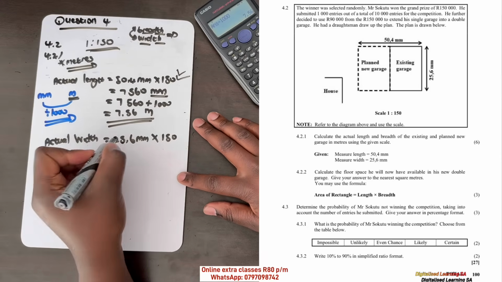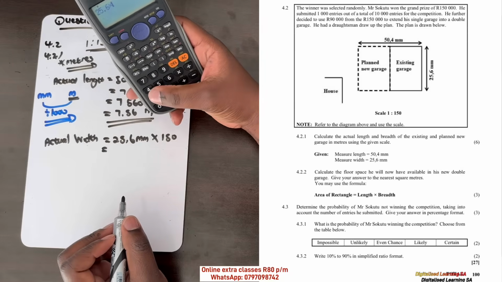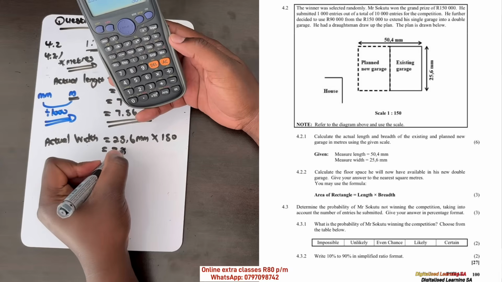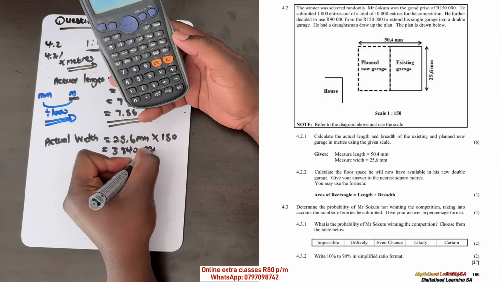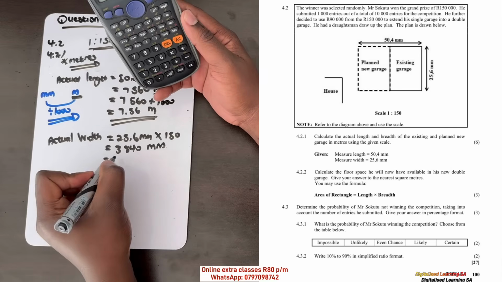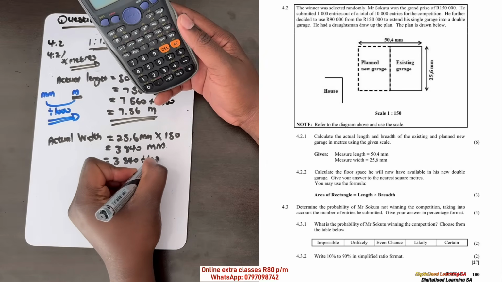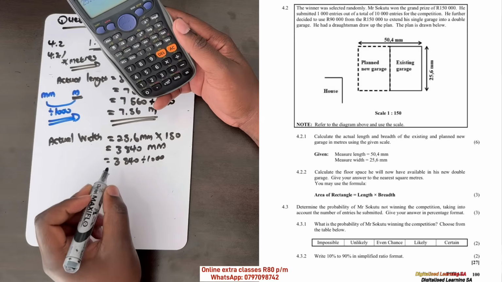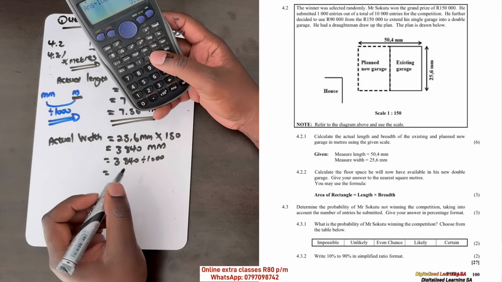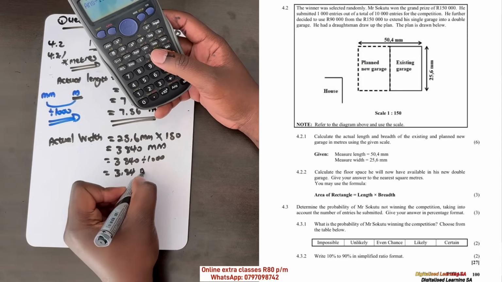Okay, so now we just multiply the two. It will be 25.6 multiplied by 150, which is 3840 millimeters. And then to convert to meters, we say 3840 divided by 1000, and our answer will be 3.84 meters.